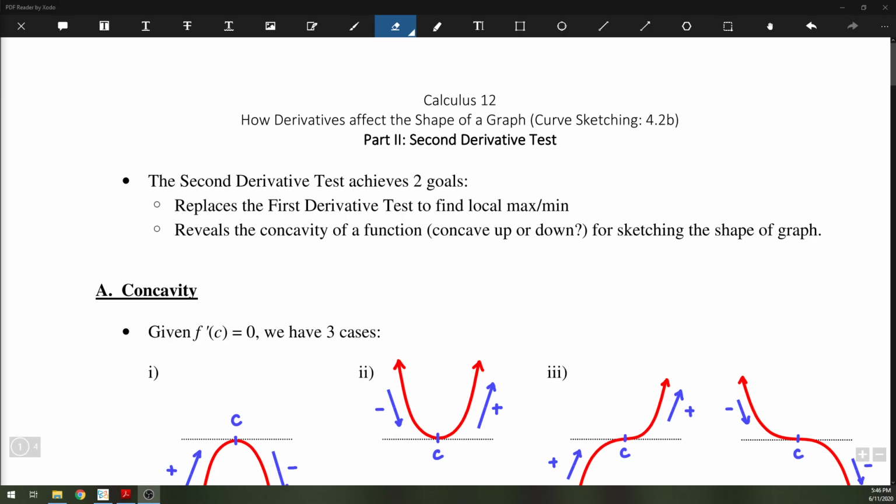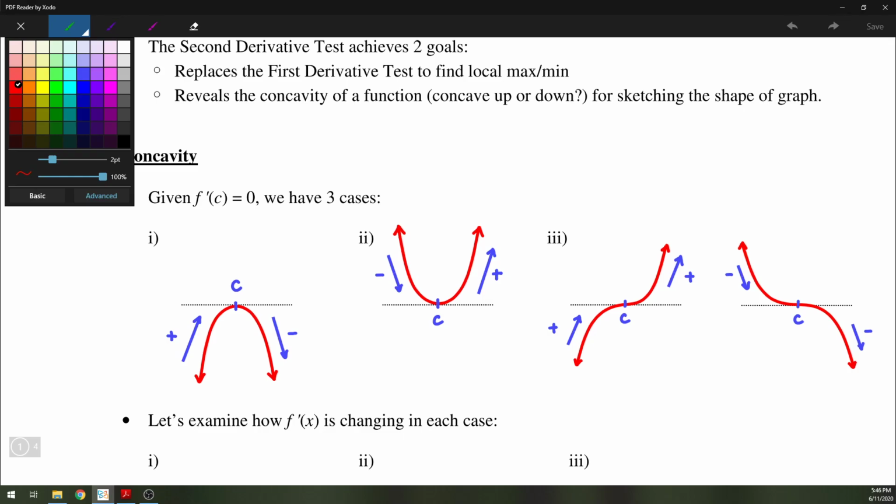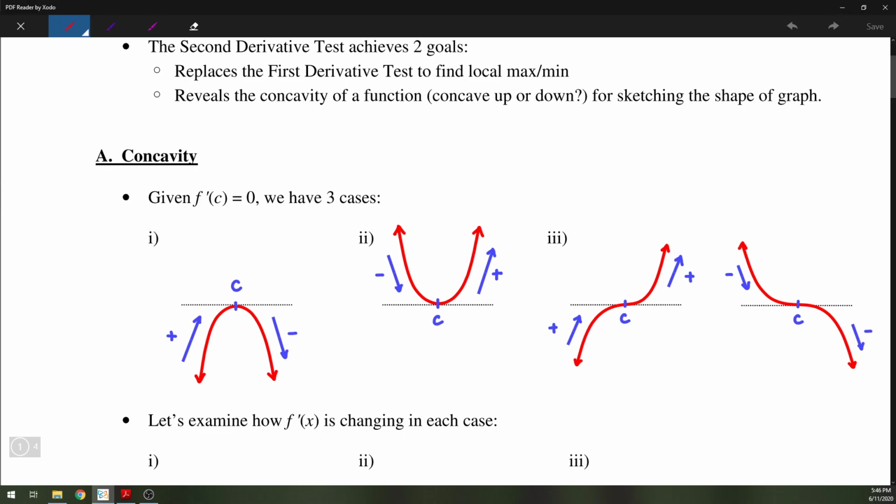So in regards to concavity, given that f prime of c is equal to 0, we can have three different cases. These three cases, four graphs, are different functions of x.